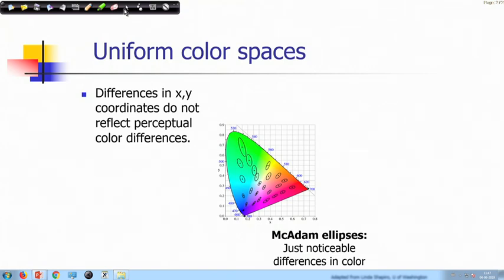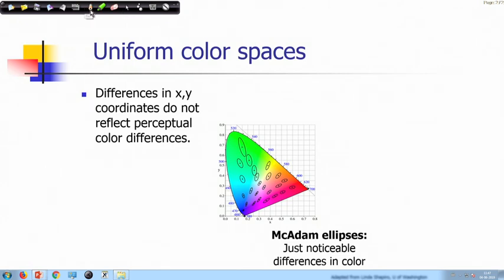As you can see in this figure, the colors are shown in a semi-elliptic region, where the peripheral curve shows different wavelengths.